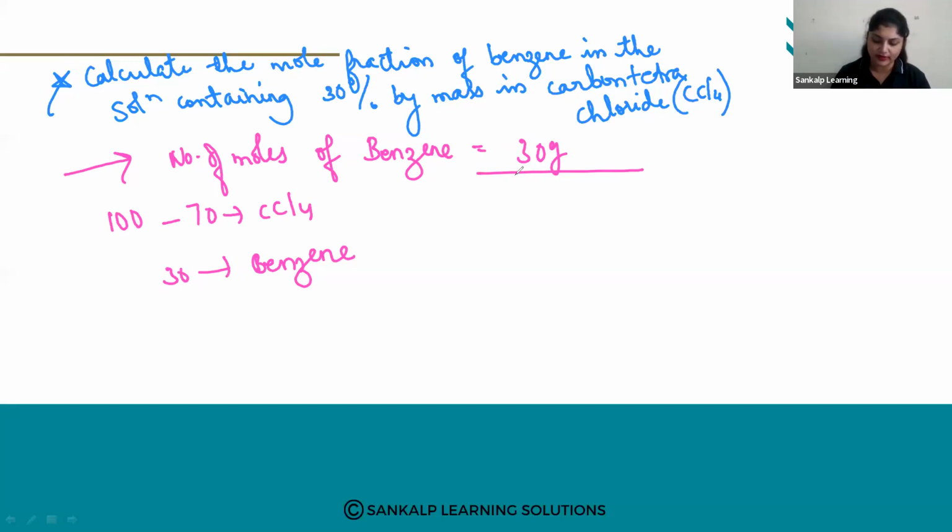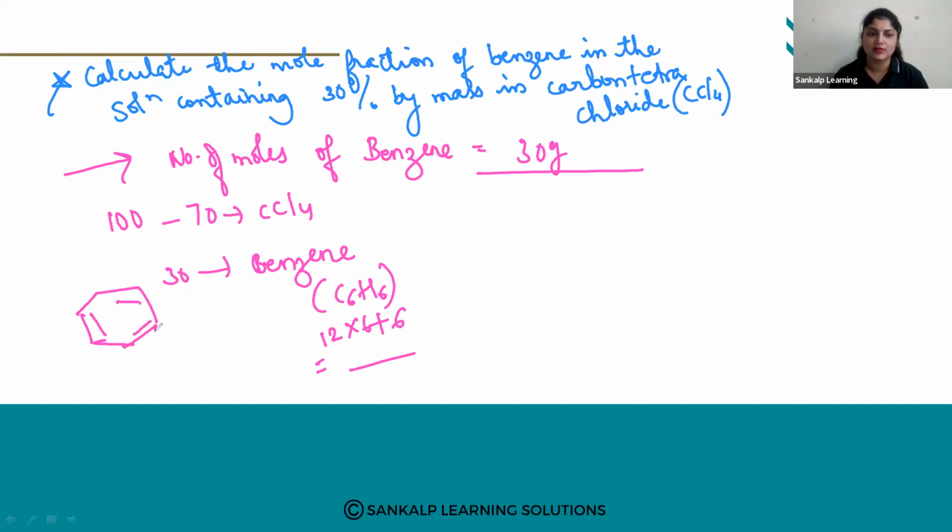Benzene is C6H6. Each carbon is 12. 12 into 6 plus 6 is equal to how much? Yes, it is 78.